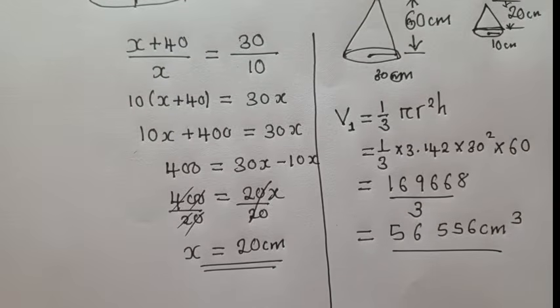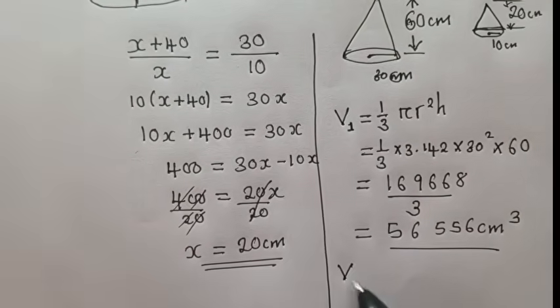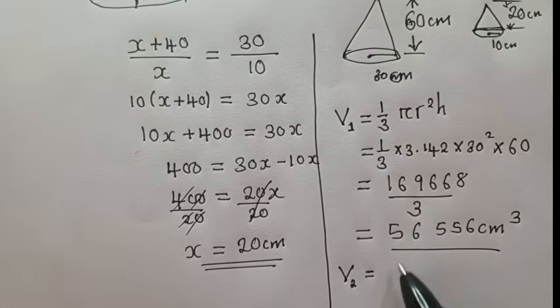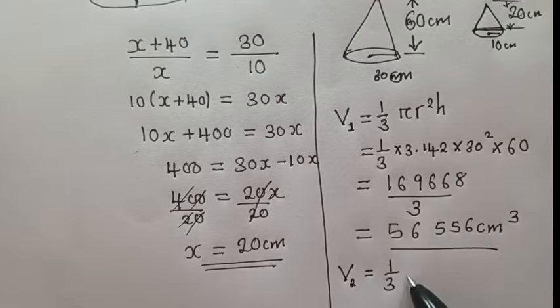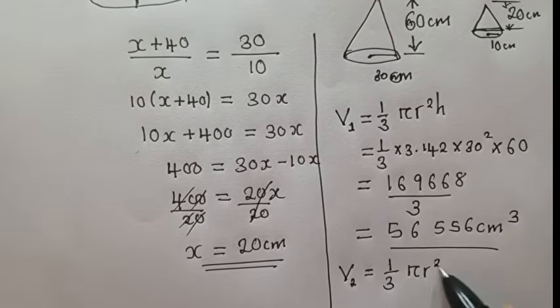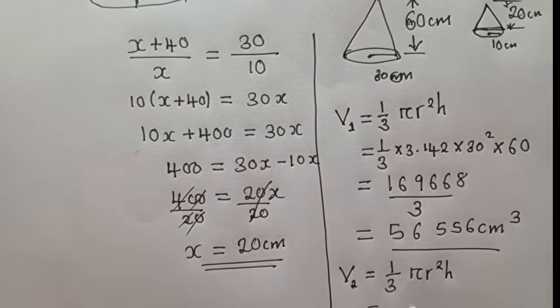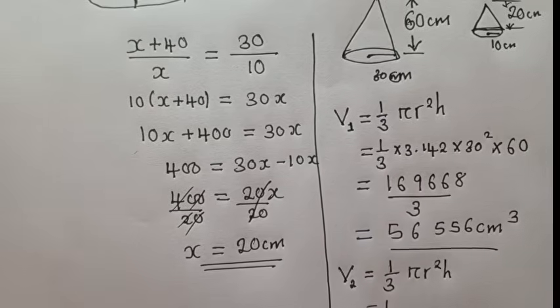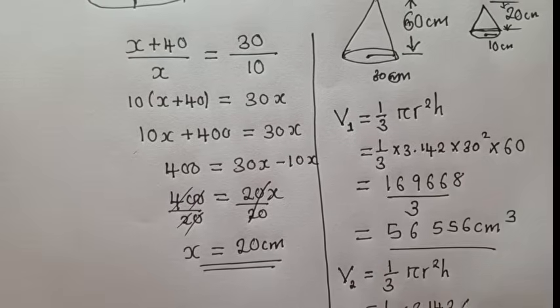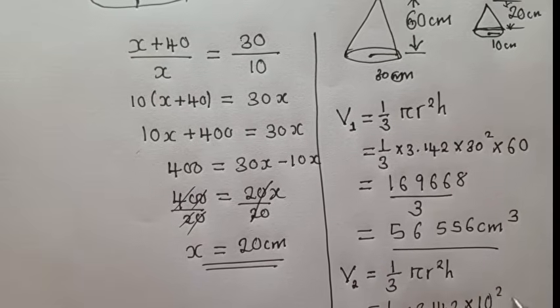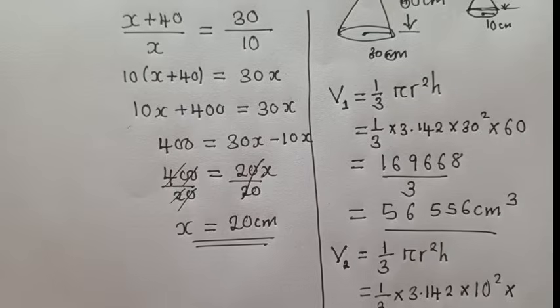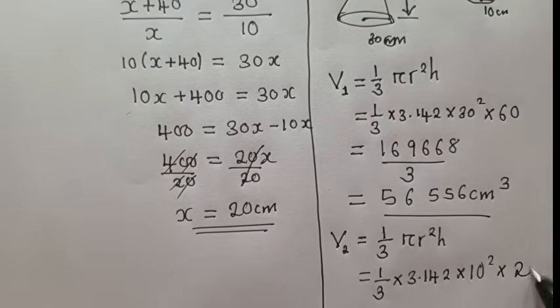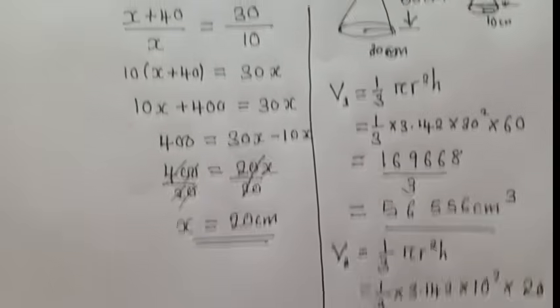We can also find the volume of the smaller cone, which we shall call volume 2. We maintain the same formula for the volume of a cone: 1 over 3 times 3.142 times the radius 10 squared, times the height, which is 20.